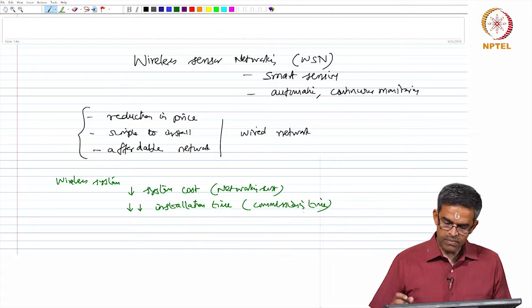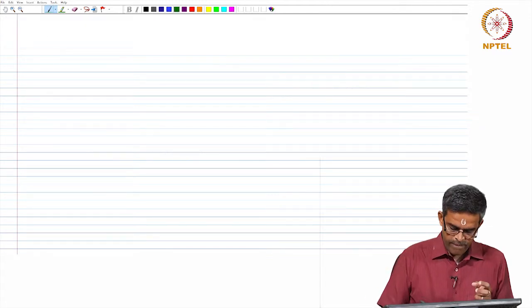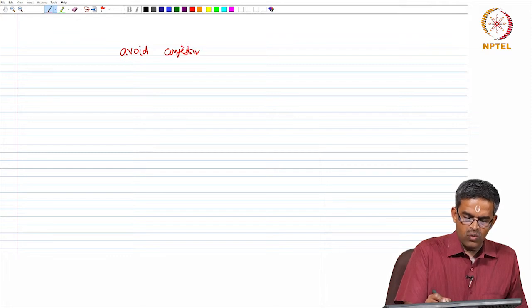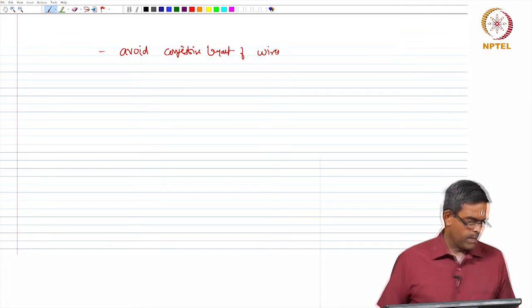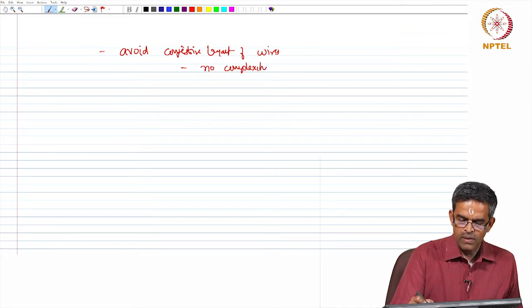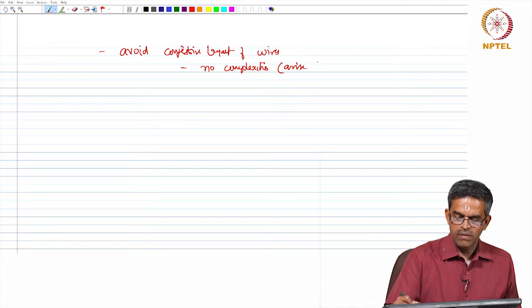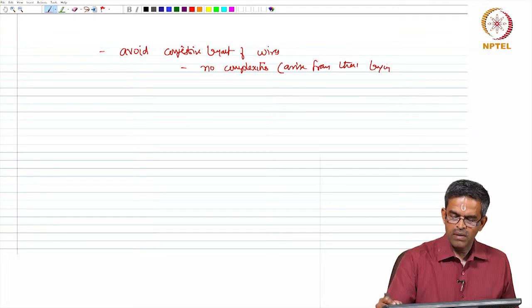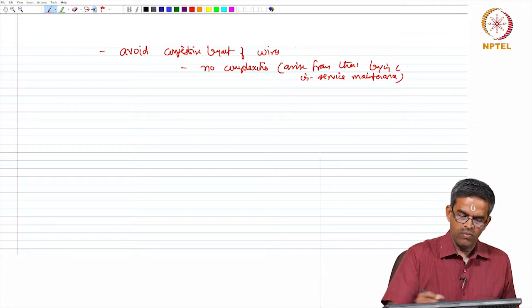In addition, one can avoid a congested layout of wires. So, there are no complexities that may arise from their laying and in-service maintenance, which are common problems with wired sensors.